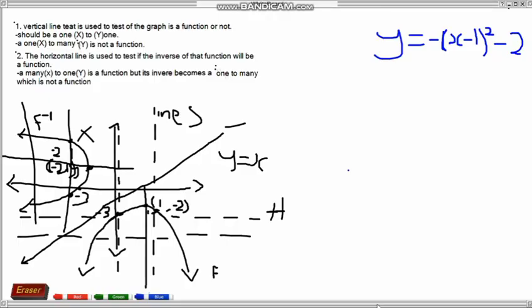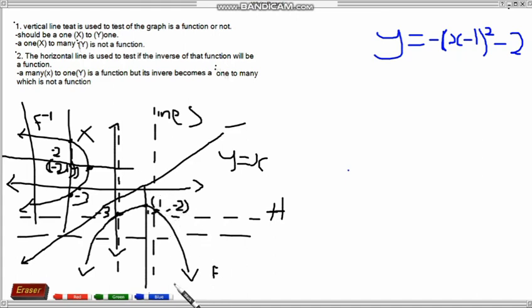All right, now let's get into restriction. Basically, by restriction, we're trying to cut the original graph in the middle so that its inverse can also be a function, a one-to-one, when you're using the vertical line test. I already drew the line of symmetry, cutting the graph into two equal parts.